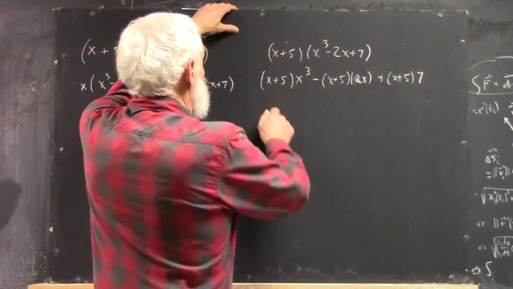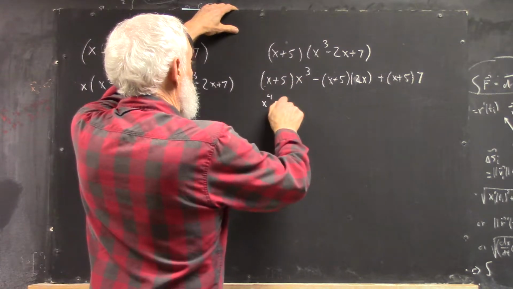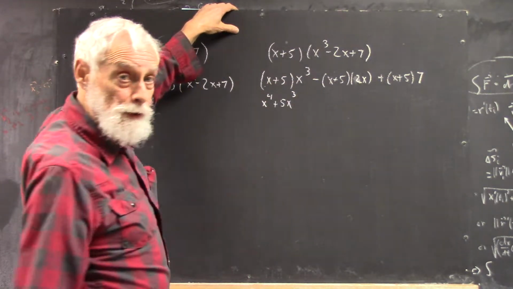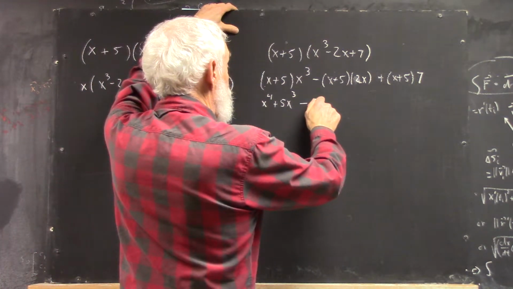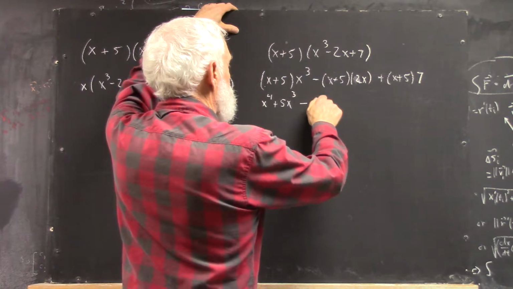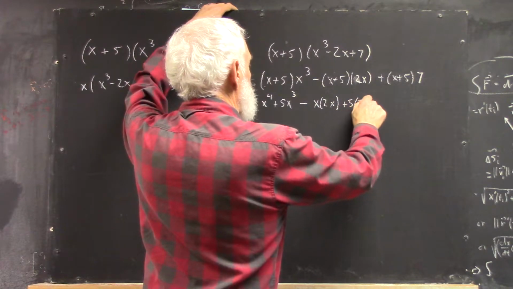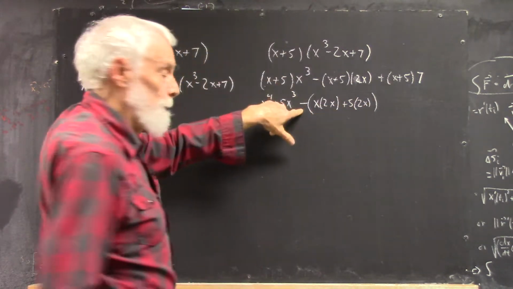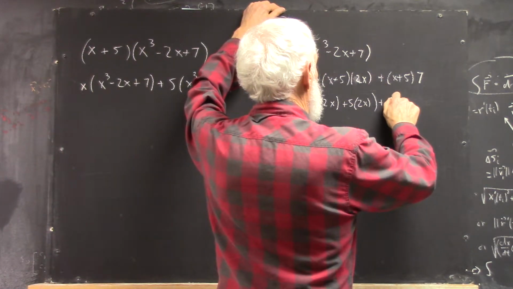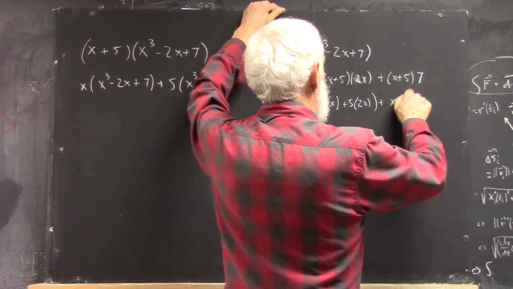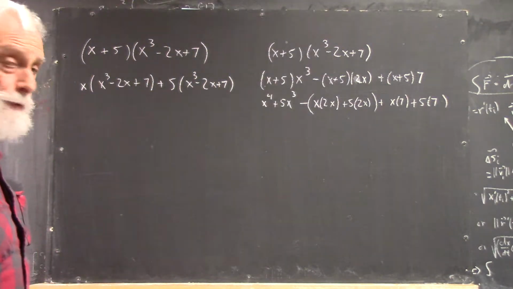x times x cubed, which is x to the 4th, plus 5 times x cubed, right? And then this is minus, I'm going to write it out, (x times 2x plus 5 times 2x), but I've got to have parentheses for that minus, plus x times 7 plus 5 times 7, right?